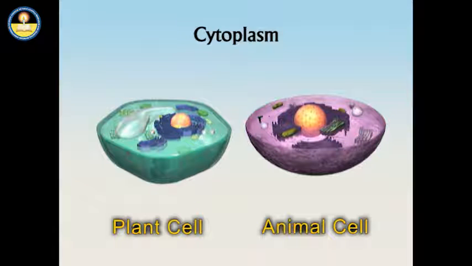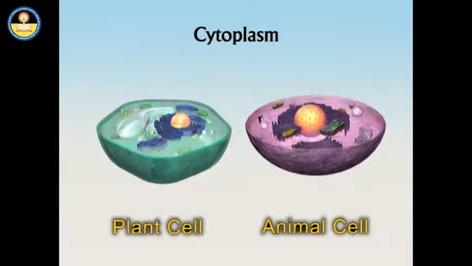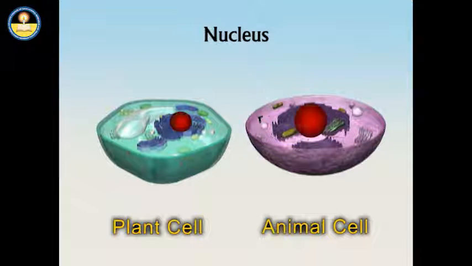Cytoplasm is a thick, jelly-like material filling the entire space and providing a medium to other organelles. The nucleus contains most of the cell's genetic material and is responsible for running all reactions happening in the cell.